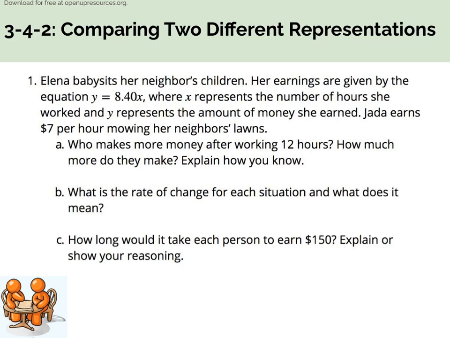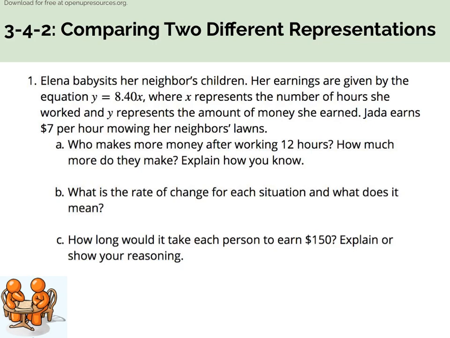Who makes more money after 12 hours? How much more did they make? Explain how you know. And then B, what is the rate of change for each situation and what does it mean? And then C, how long would it take each person to earn $150? Go ahead and pause and work through that. Remember that you're both talking about Elena and then you're also talking about Jada.